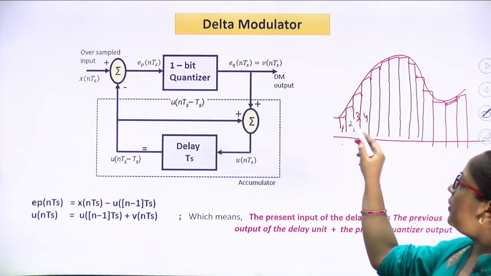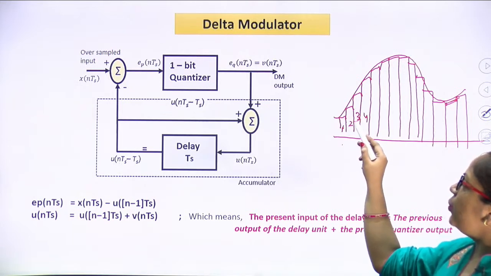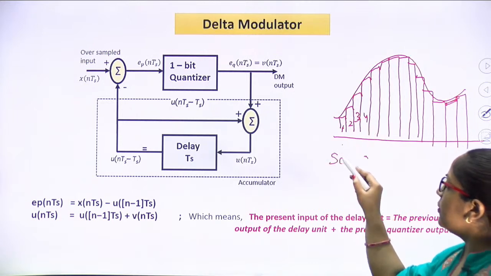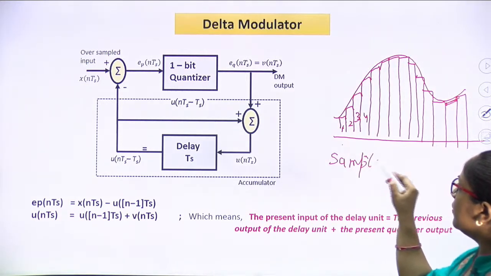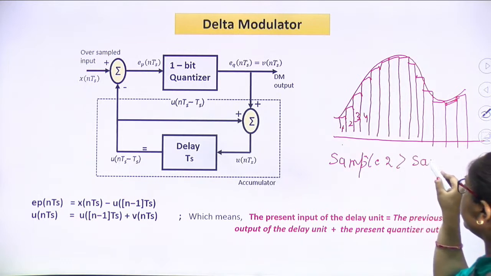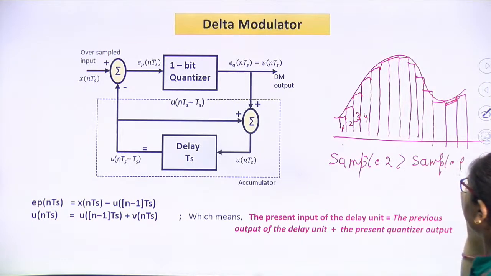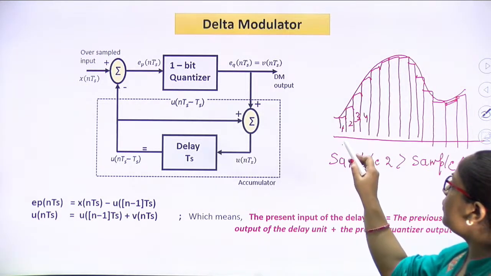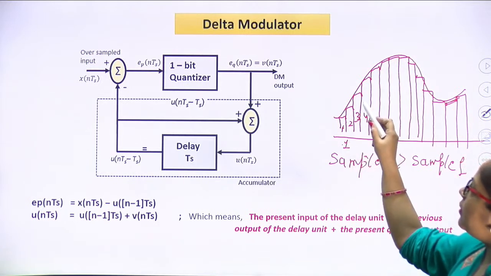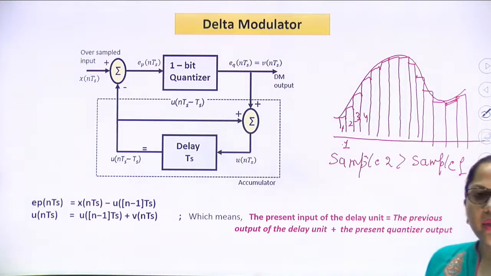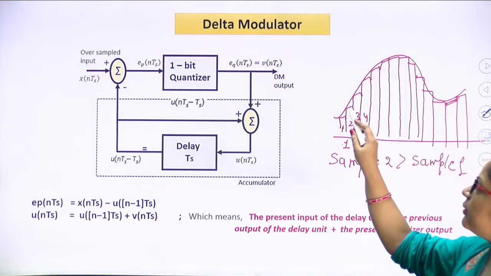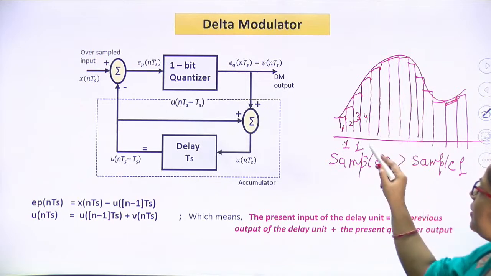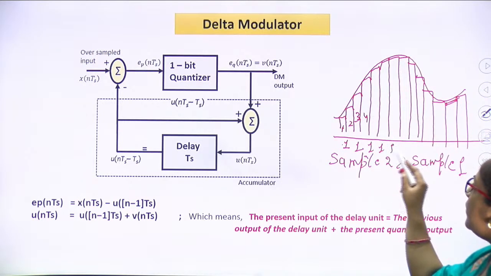So if we look at sample 1 and 2, sample 2 will be compared with sample 1. Sample 2 is greater than sample 1, so we will assign binary 1. Now we compare sample 3 with sample 2. Sample 3's magnitude is greater than sample 2's, so we again assign binary 1. In a similar manner, we keep on assigning binaries.